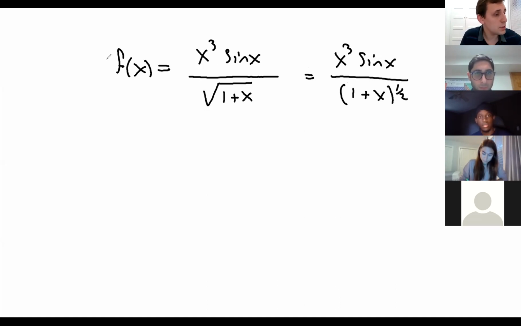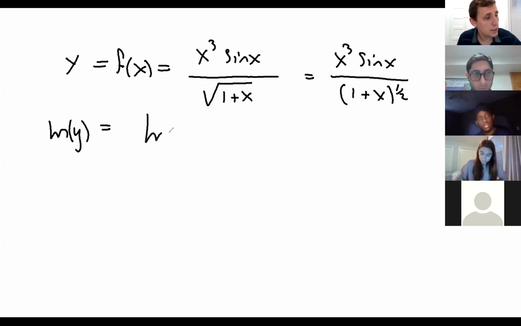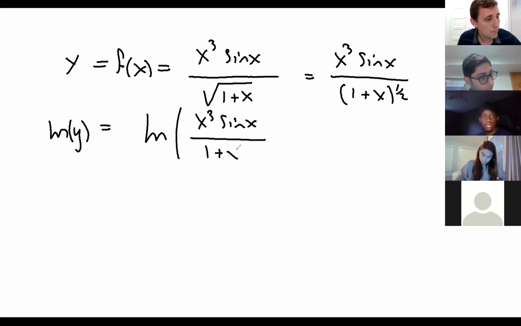But instead, look at it, let's call this y, so that we don't have to write f of x. So instead, what I will do is this. I will take ln of y. Now, what's ln of y? It's ln of this expression. And what's that?